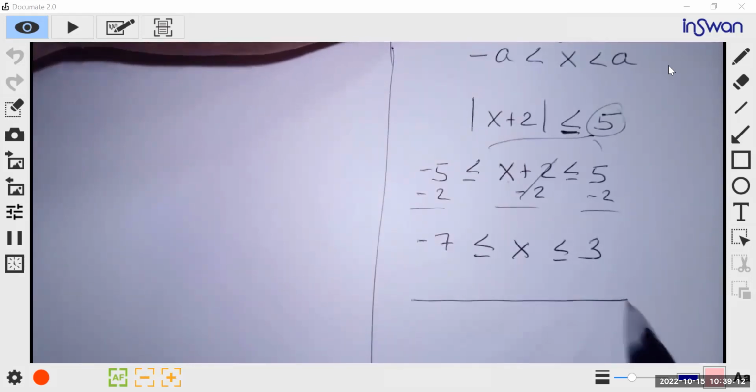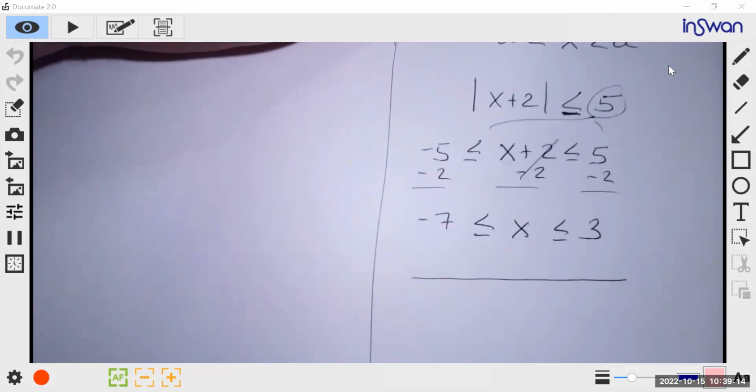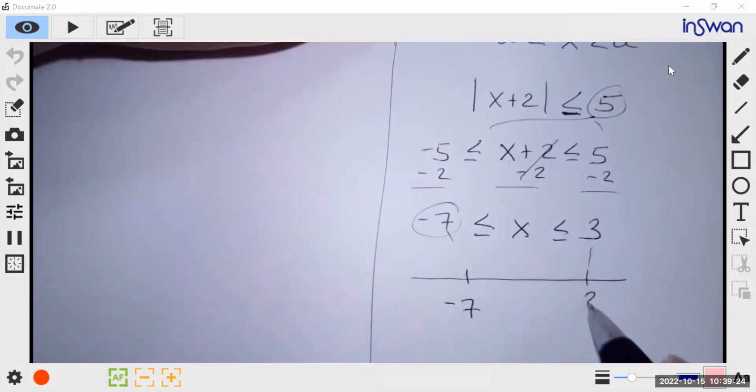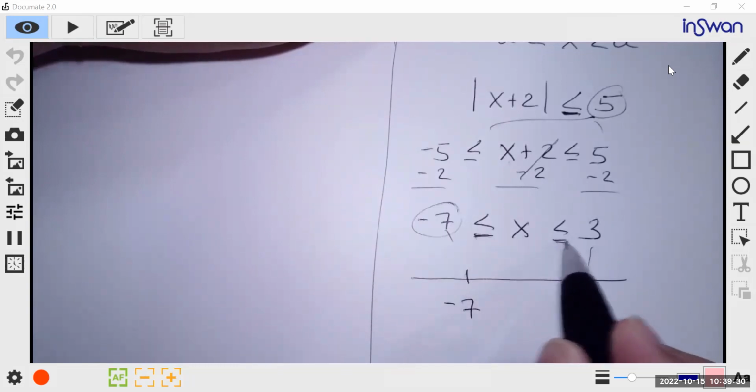How would you graph that? There's negative 7. There's 3. Are they open or closed circles? They're closed because they're equal.